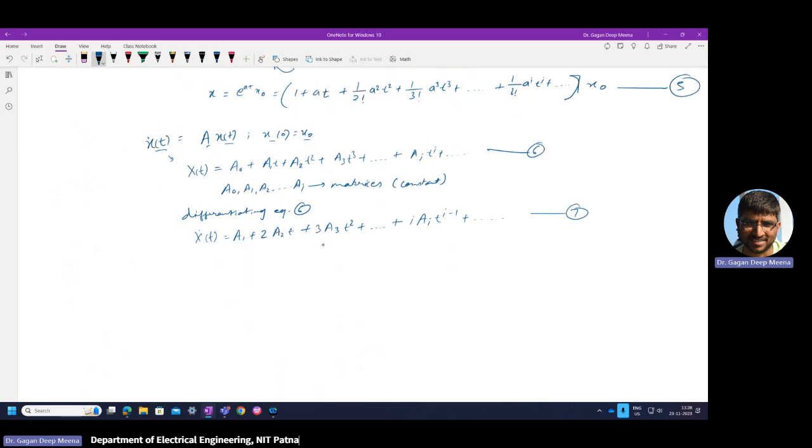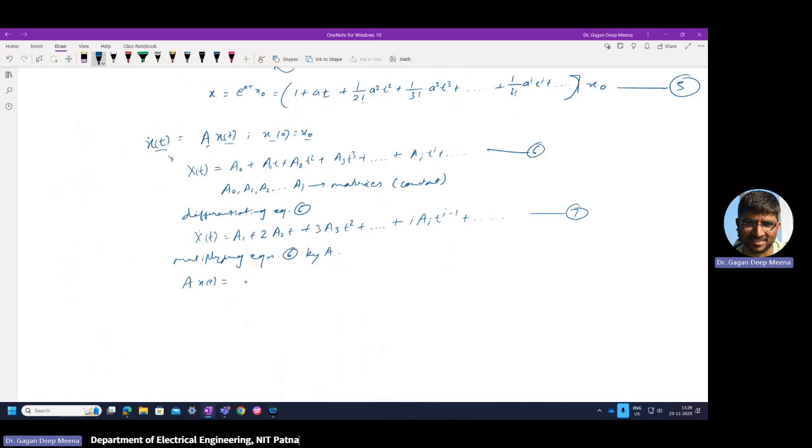Keeping it as equation number 7, now we are multiplying equation number 6 by A. So we'll get A of x of t. This x of t and this x of t are the same, it's a vector.